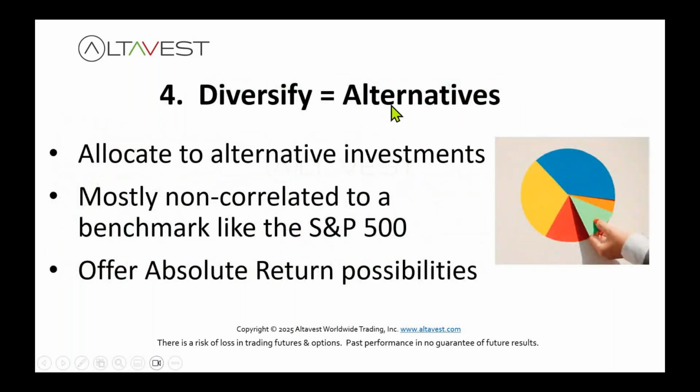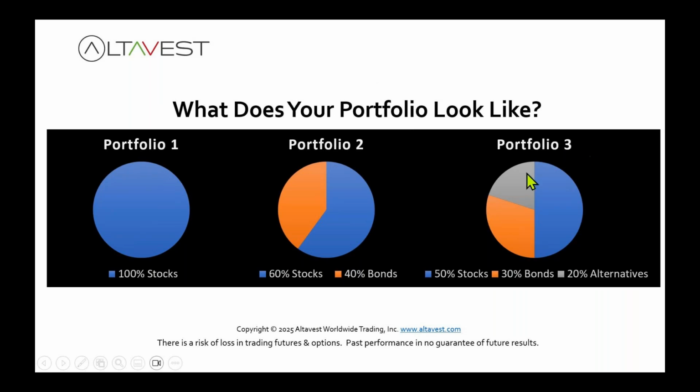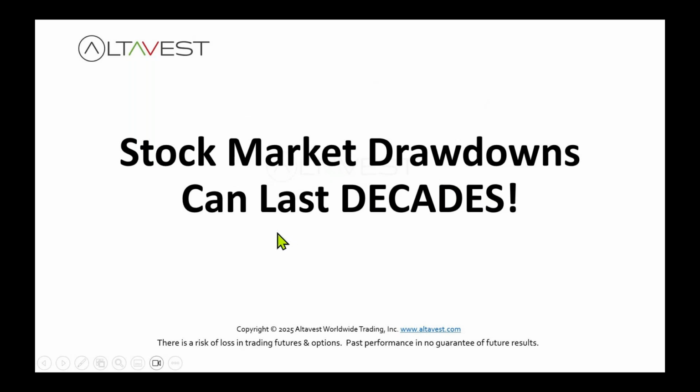So alternatives, you can diversify, non-correlated to the benchmark like the S&P. We think you need to have something like portfolio 3 with this gray piece of the pie allocated to something like alternatives, in which ThetaTrader would qualify, for sure. And remember too, you don't want to just sit on your long positions. Drawdowns can last decades.